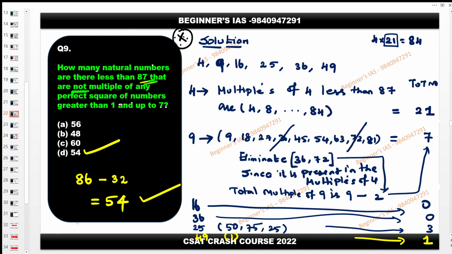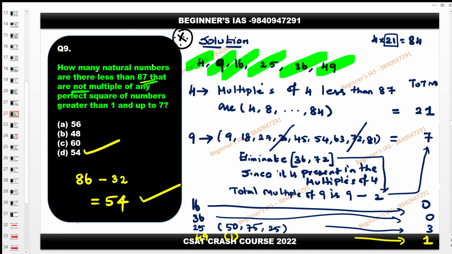So first of all, you need to understand the perfect squares of the numbers greater than 1, up to 7. 2 square is nothing but 4. 3 square is nothing but 9. Then 4 square, 5 square, 6 square, 7 square. These are the numbers.